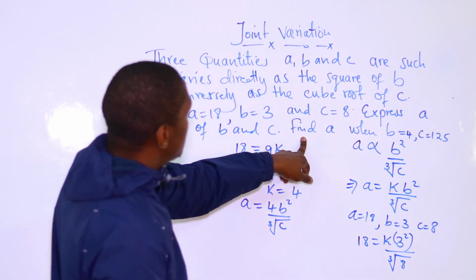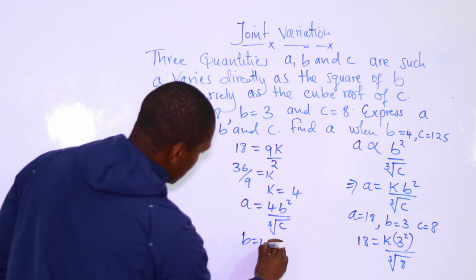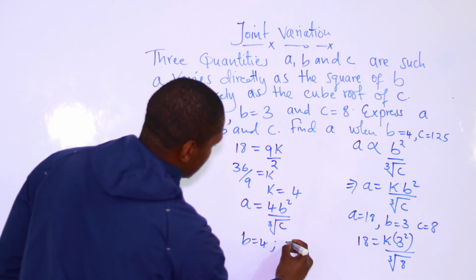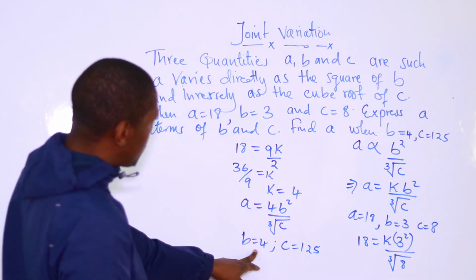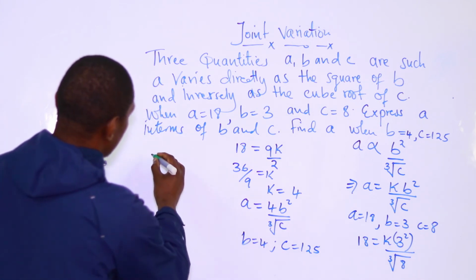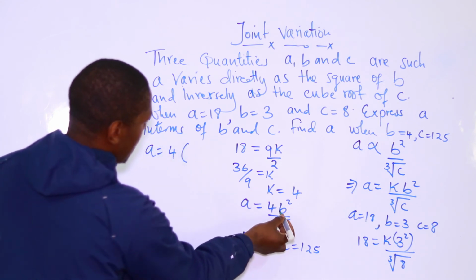Then part B, you're being told to find a when b is equal to 4 and c is equal to 125. So substituting the values of b and c in this equation, you have a is equal to 4 multiplied by b squared.